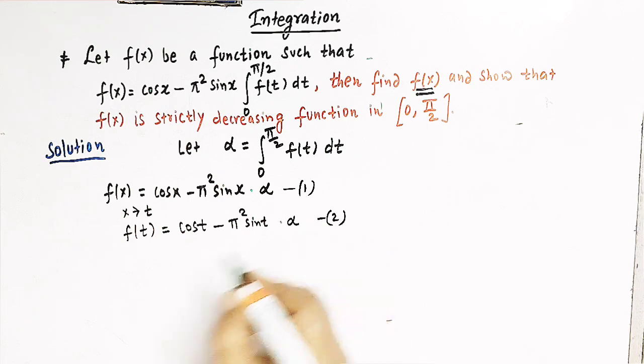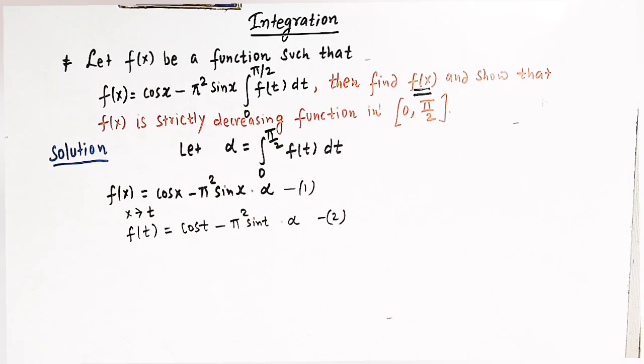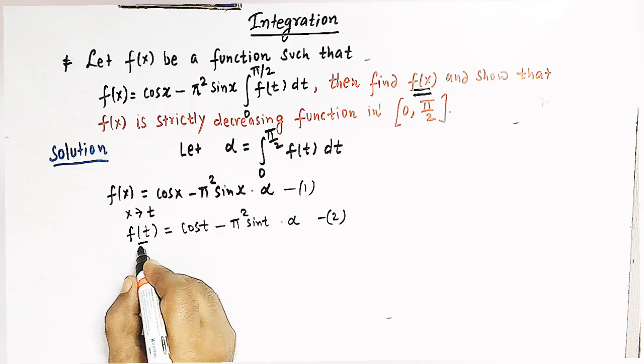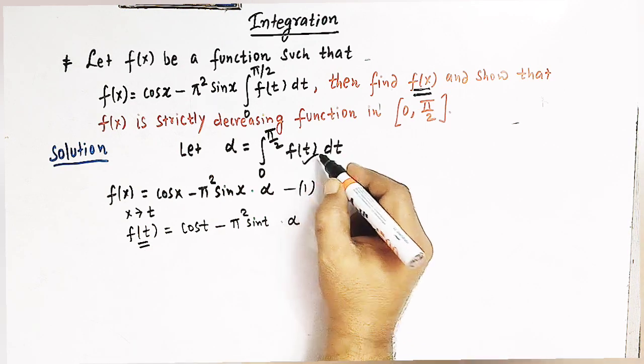So this is our equation number 2, right? Now let us substitute this value of f of t in this equation.